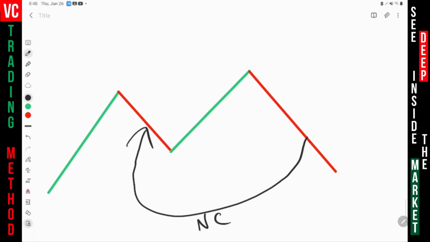Similarly, if we compare this wave to this wave, it is called non-continue. Non-continue means there is a gap between this comparison. There is always another wave between the two waves that we are comparing.